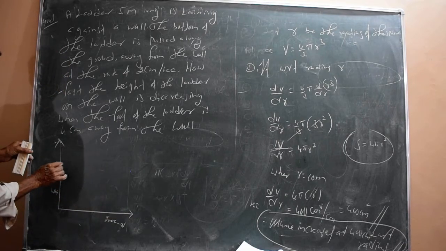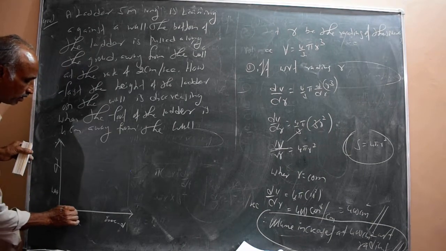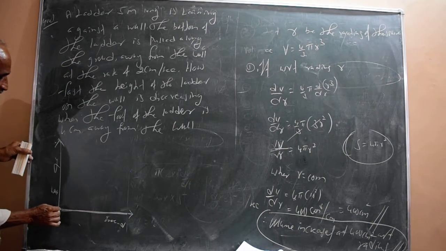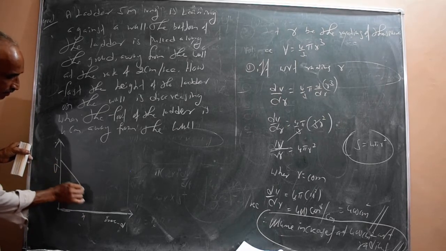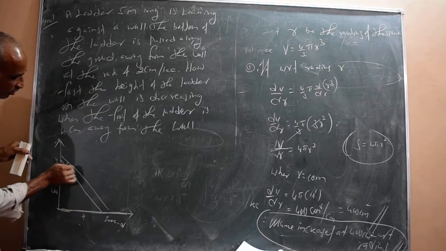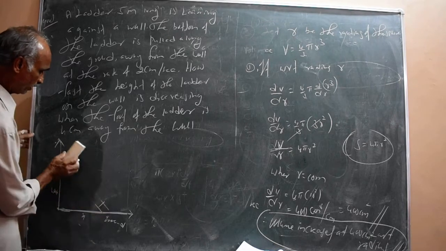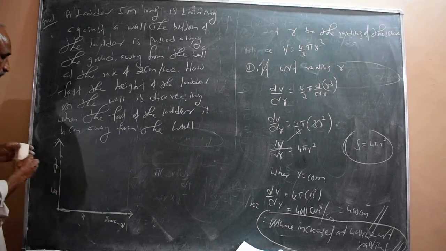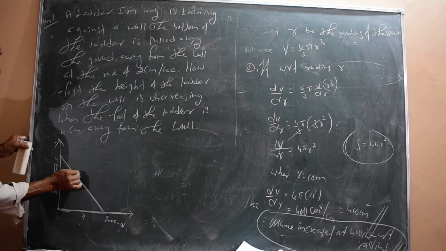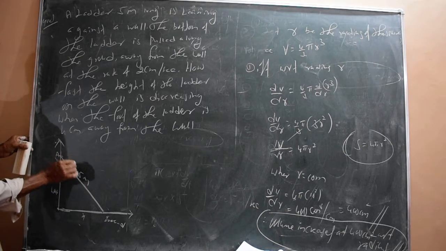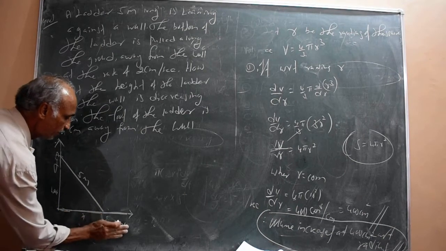Let us take height of the wall as Y, vertical one, no? Therefore, this height of the ladder as Y. And distance from the wall, let us take it as X. This is the ladder. Not necessary to draw it curved, a straight line is enough. The ladder is 5 meters. Now AB is the ladder. AB is 5 meters. Understood?